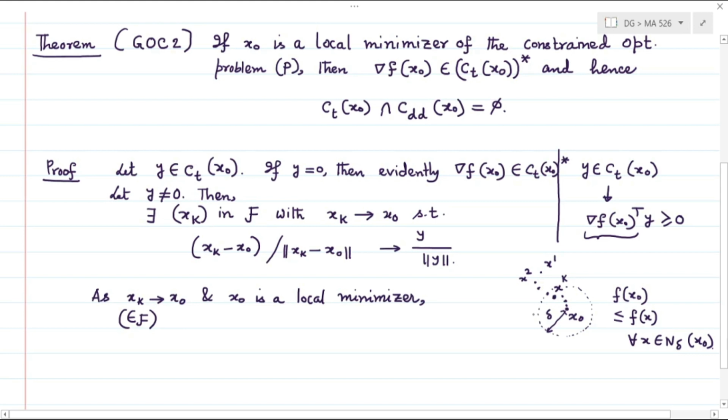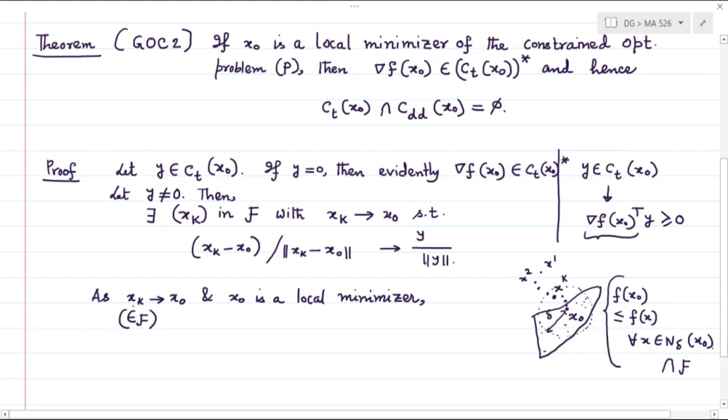Let's suppose my feasible set is this much. Then f x naught is less than or equal to f x for all x, not only in the neighborhood but also in the feasible set of the problem. This is due to the fact that x naught is a local minimizer of the constrained optimization problem, and x naught belongs to the set capital F.